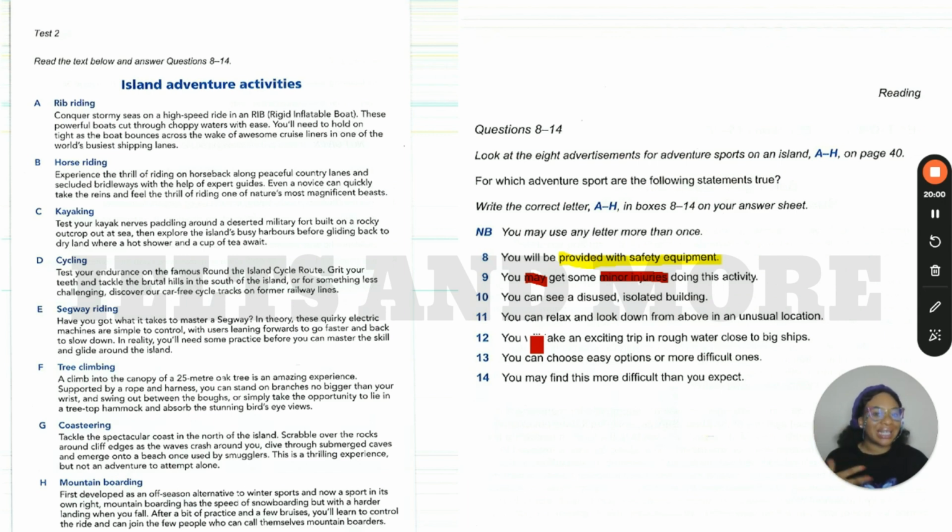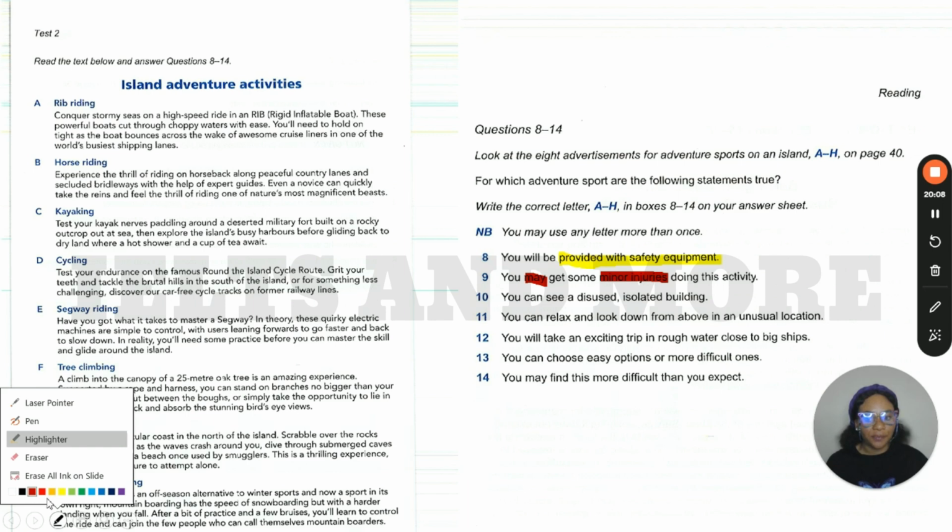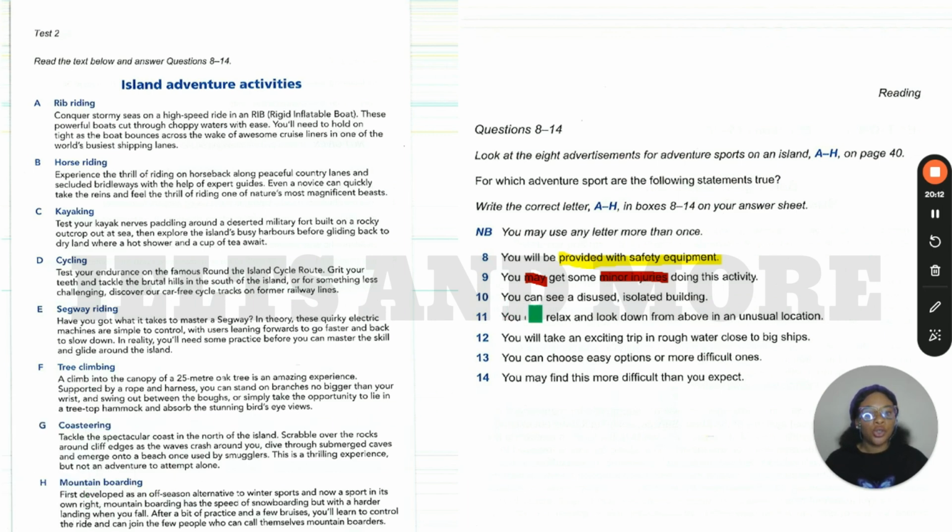But just make sure you understand what you are actually reading. So you may get some minor injuries doing this activity, right? Next, you have number 10. You can see a disused, isolated building. Okay?